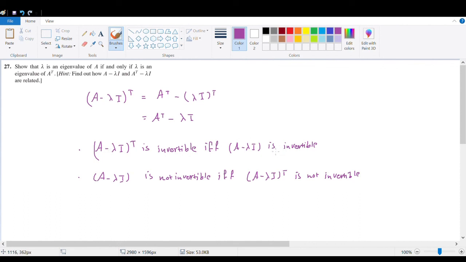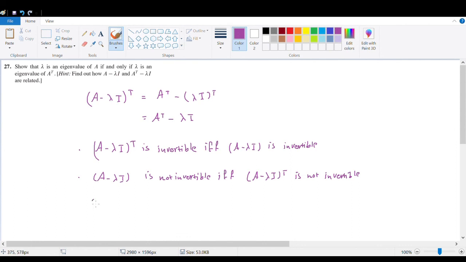So thus, lambda is an eigenvalue of A transpose if and only if lambda is an eigenvalue of A. Because if this one has a non-trivial solution, that means this matrix is not invertible. If it is not invertible, that means they have the same eigenvalue, which is lambda.